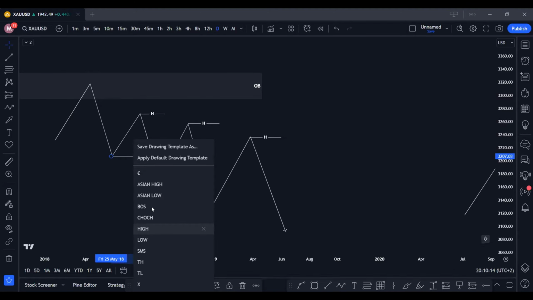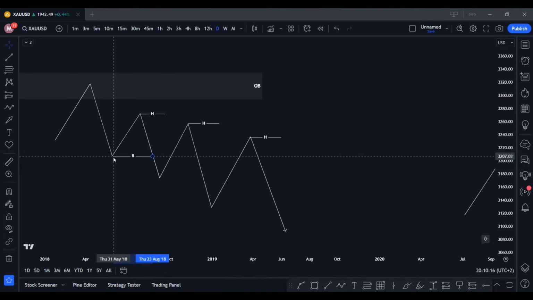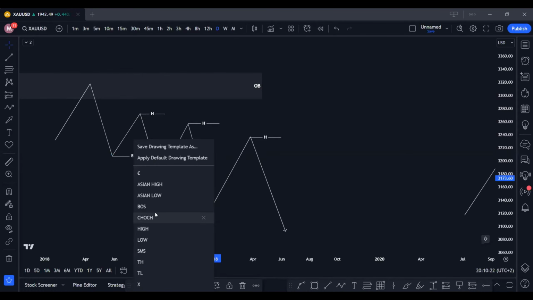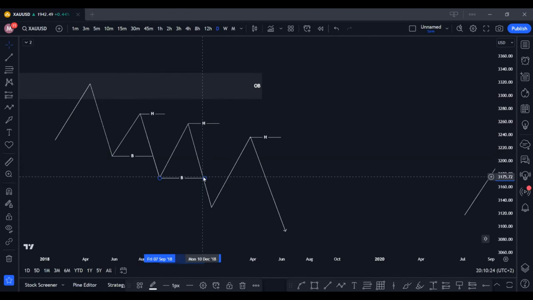So this is what you're going to have here. You're going to have your break of structures, and here you're going to have your break of structures.